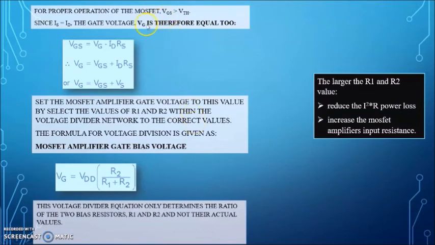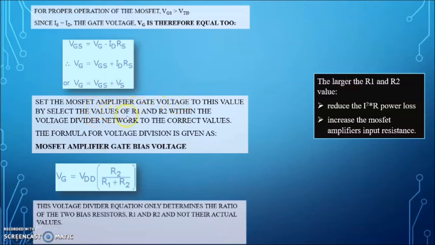Since IS equals ID, VGS equals VG minus ID RS. Simplifying and manipulating the formula, we get VG equals VGS plus VS. Set the MOSFET amplifier gate voltage to this value.